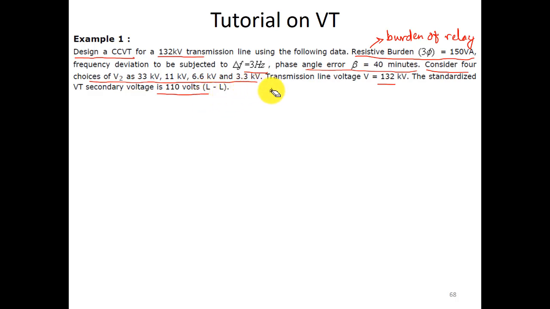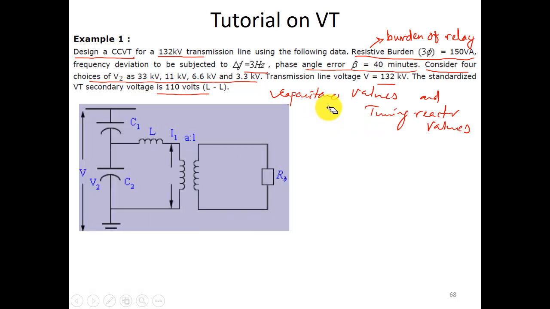What we need to find are the capacitance values and tuning reactor values, these two things. So let us see how we'll proceed.